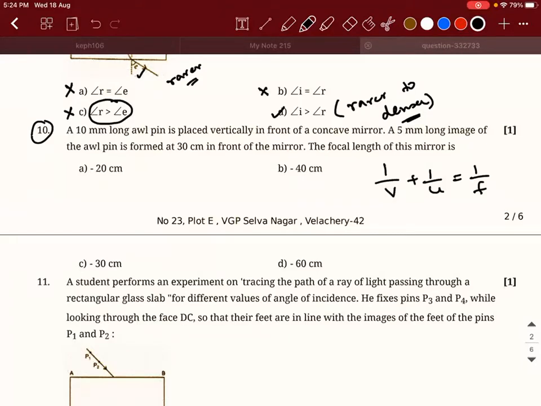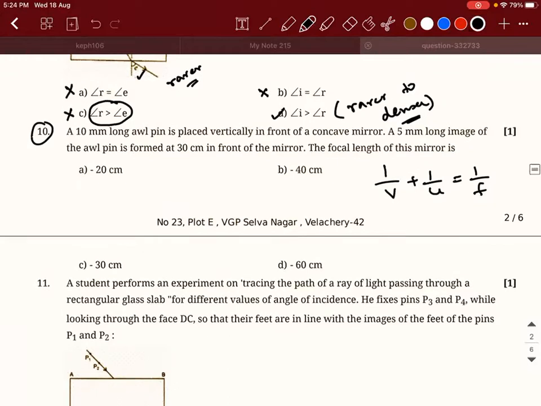So how did you do? So substituting the value of V and U. How much is the value of V? 1 by minus 30. Minus 30. Yes, sir. 1 divided by minus 60. 1 by U is minus 60, sir.